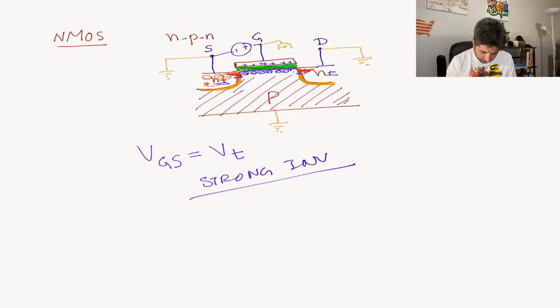As a result, we have this area where inversion is happening, and it pinches off somewhere here. It depends on the drain voltage. Somewhere it's pinched off, and as a result you don't have inversion happening there.